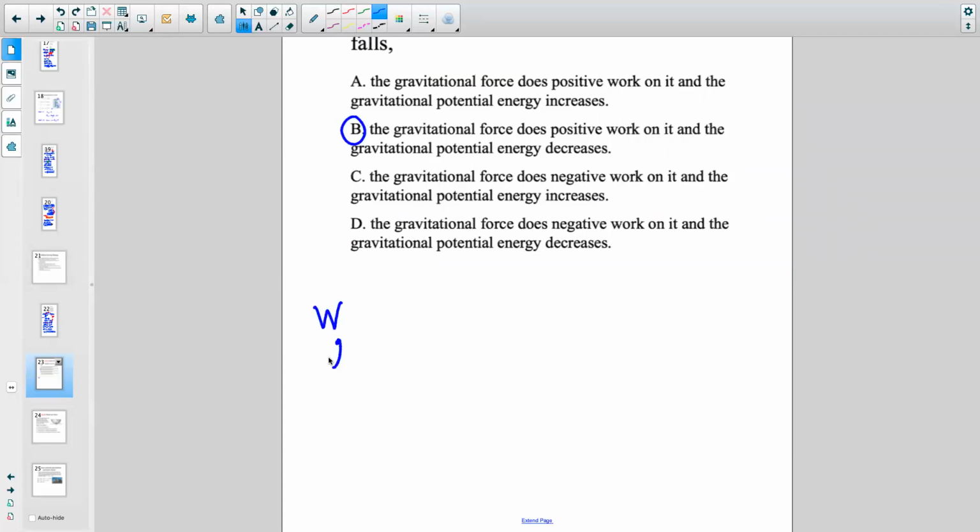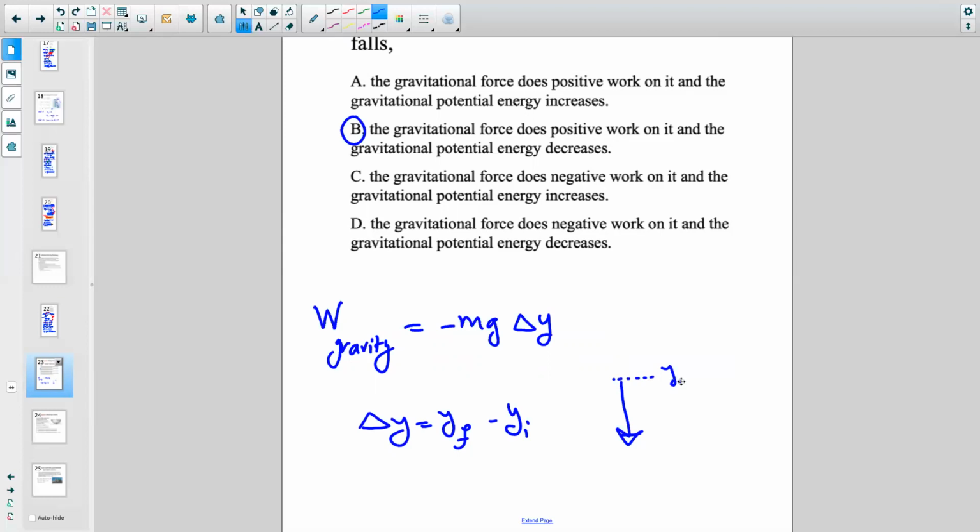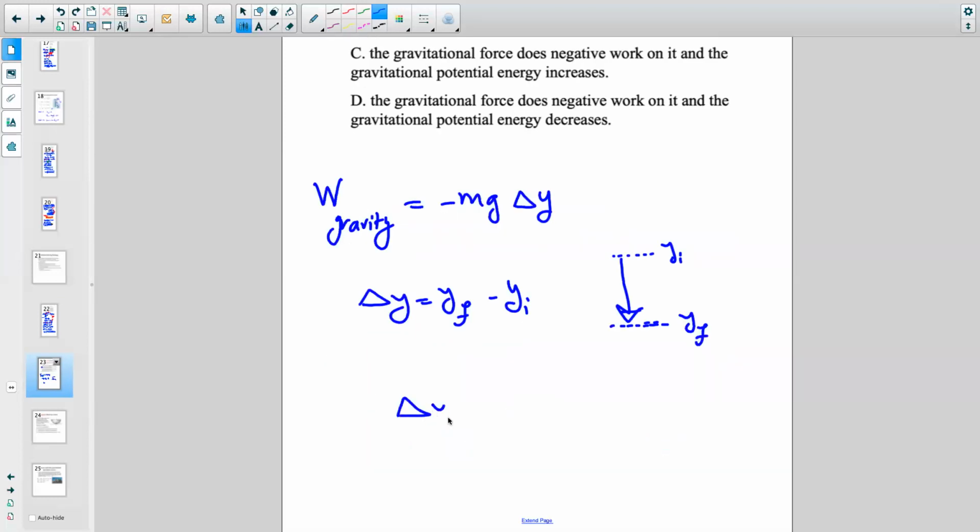The work done by gravity is negative m g delta y. When you are going down, delta y is y final minus y initial. The initial position is here, the final position is here, so your delta y is a negative value because initially it's higher and finally it's lower.